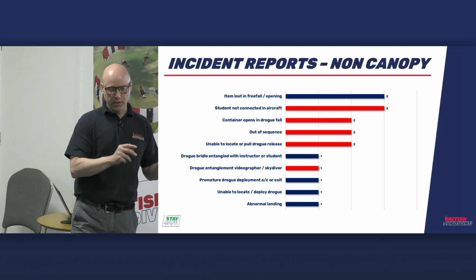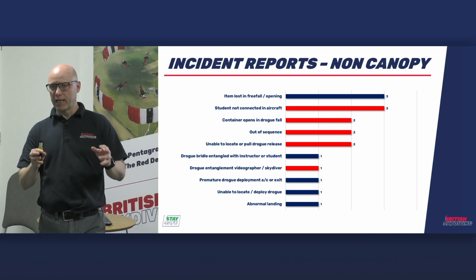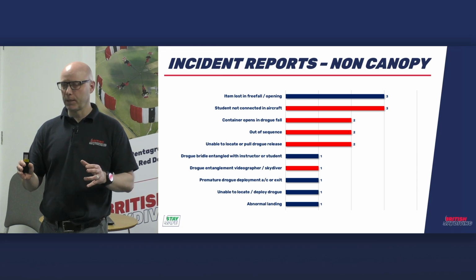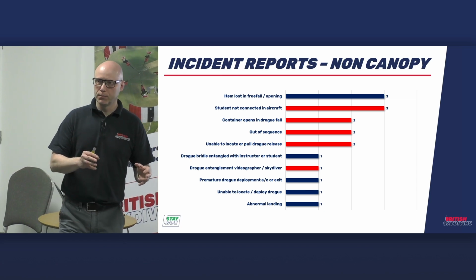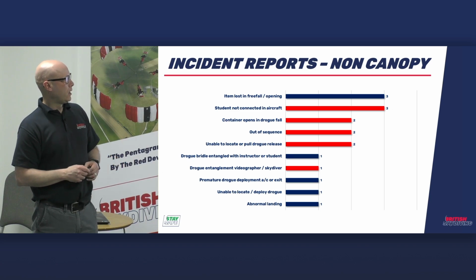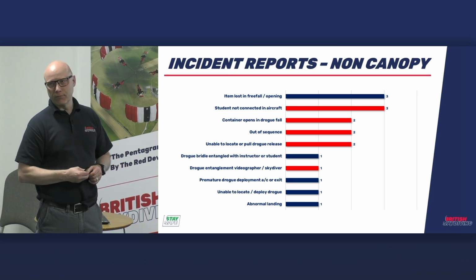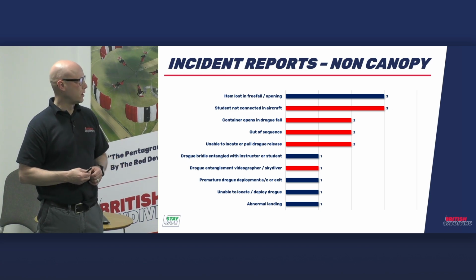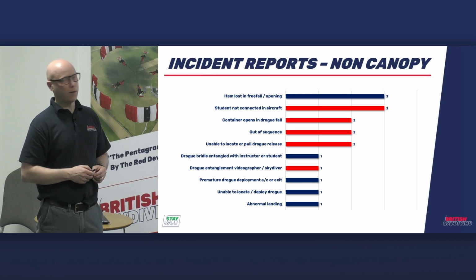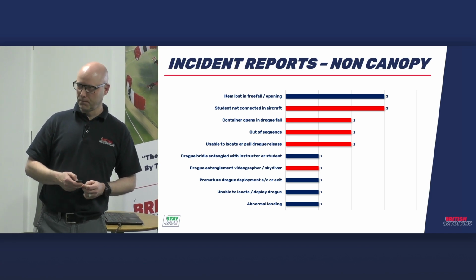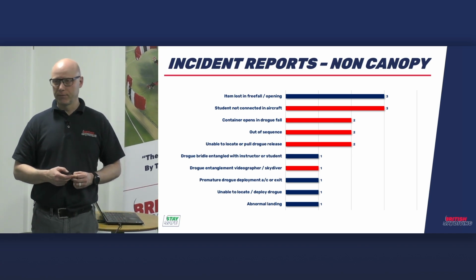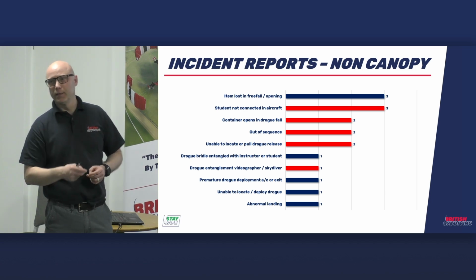Now, when we look at incidents, we divide the incidents into those relating to packing, i.e. canopy-related incidents, and those that are unrelated to the canopy deployment. Now, there's some quite shocking figures on there, and the first one we're going to talk about in a little bit more depth later, but we had 3 incidents where students were not connected on board the aeroplane, and the aeroplane took off.